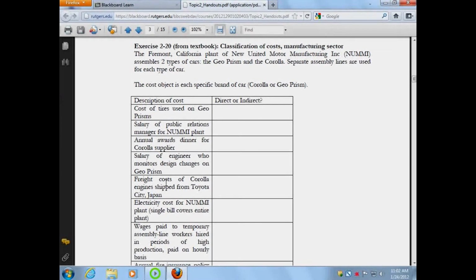The wages paid to temporary assembly line workers hired in periods of high production, paid on an hourly basis. Think about this one for a moment before answering. Let's hear from someone who says direct. Let's hear from someone who says indirect.